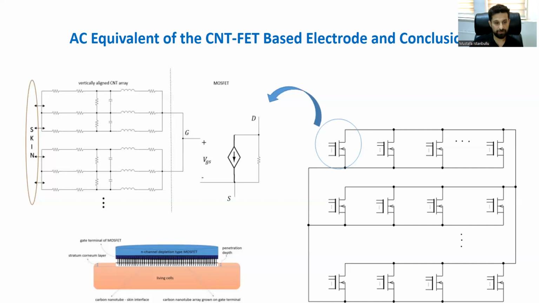Additionally, the N-channel depletion type transistor provides direct current conversion, high dielectric insulation with skin, and low noise pre-amplification of electrophysiological signals. These are some crucial advantages of this electrode model for the instrumentation unit.